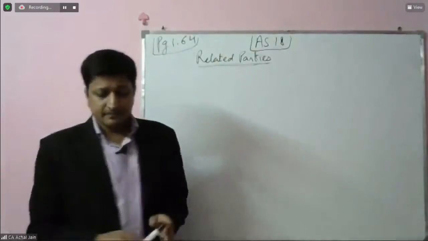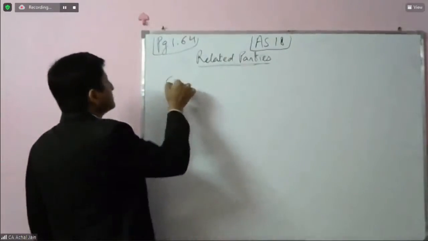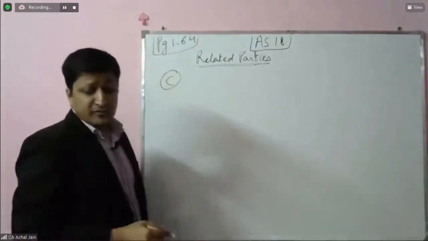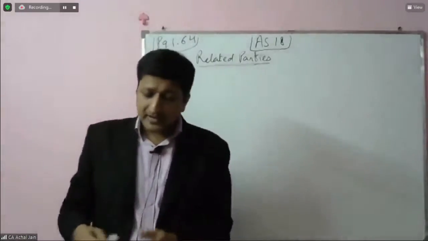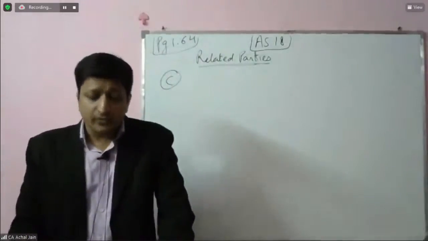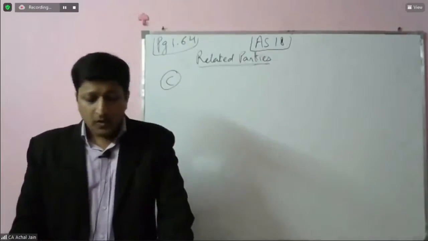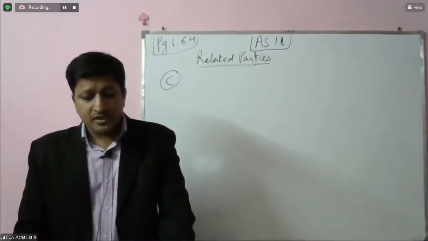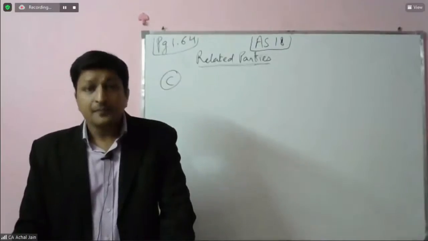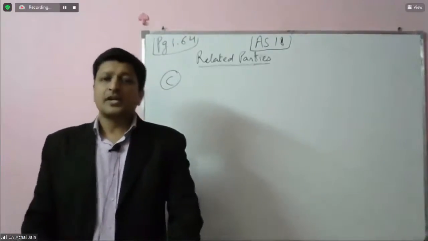Third, C. Individuals owning directly or indirectly an interest in the voting power of the entity that gives them control or significant influence over the entity and the relatives of such individual.